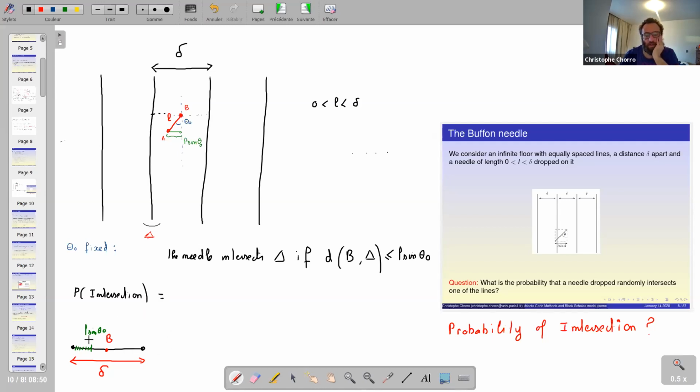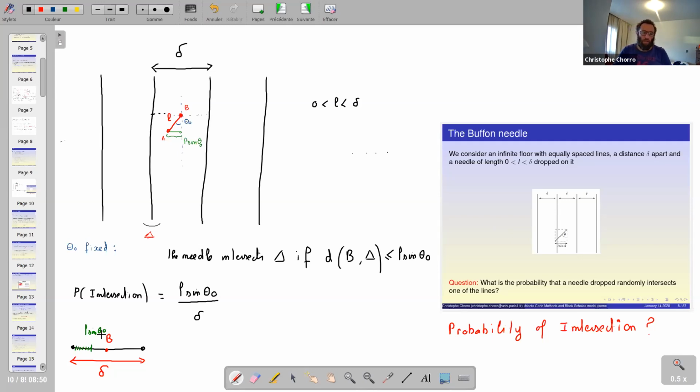It's for all the situations where the point B is less than L sine theta 0 with respect to this point, that is L sine theta 0, over the length of this interval representing all the possible situations, that is delta.